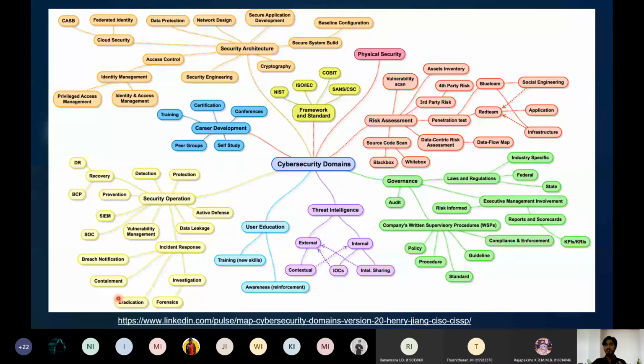So one of the familiar areas would be risk assessment. When you talk about hacking, when you want to go offensive, this would be your area: offensive security, penetration testing, vulnerability scanning. You do a source code scan, and everything would come under this offensive side.